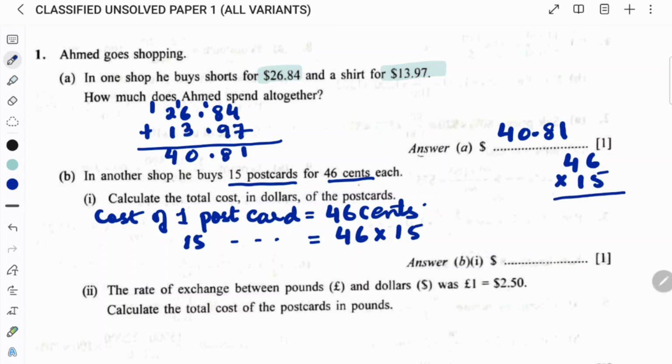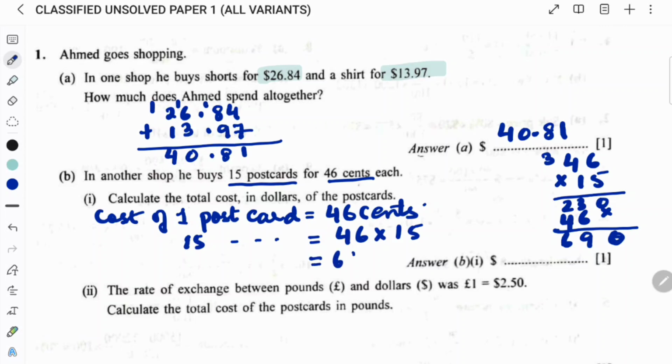So do 46 times 15. Alright, so what are we going to do? 5 sixes are 30, 5 fours are 20, and then 23. Now we are just multiplying with 1, so that is 1 times 6 is 6 and 4. Add it together, 0, 6, 7, 8, 9, and then 690 cents. 690 cents is the total cost for the 15 postcards.